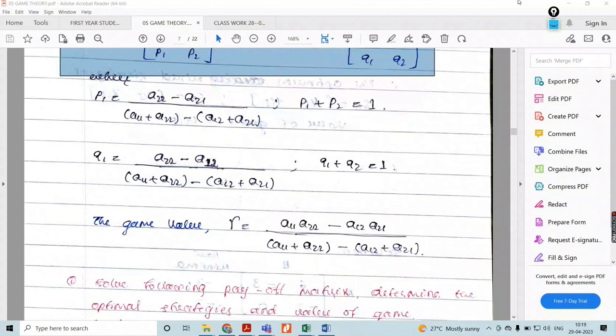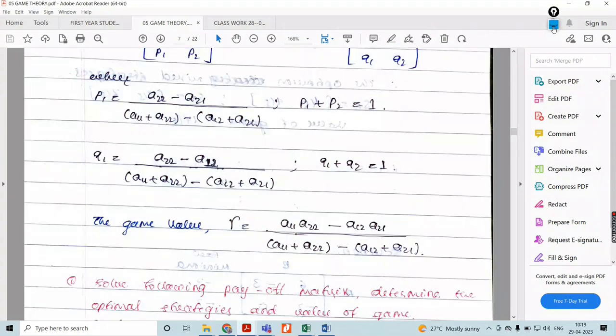Now I determined the P1 value, then the Q1 value, then I get the P2 value and Q2 value. But in the case of a saddle point, if present, that saddle point value itself will provide the game value. But here the game value doesn't exist, so I have to evaluate it.